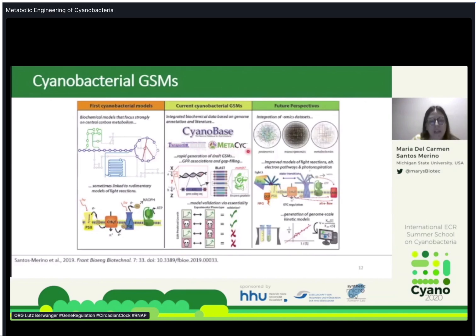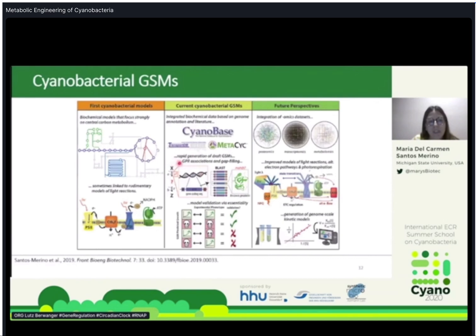And genome scale models can be obtained quickly if we use some tools that have been developed for rapid generation of drafts. However, these drafts still need to be curated manually to correct some mistakes that these tools can produce. And as you know, cyanobacteria contain a high percentage of unknown genes.